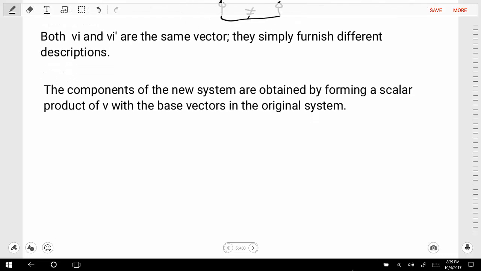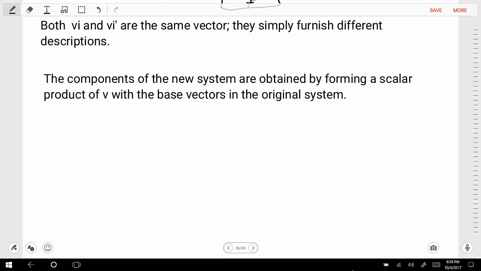So now let's describe the components of our new coordinate system, the prime, by forming a scalar product of the vector v with the base vectors of our new coordinate system.